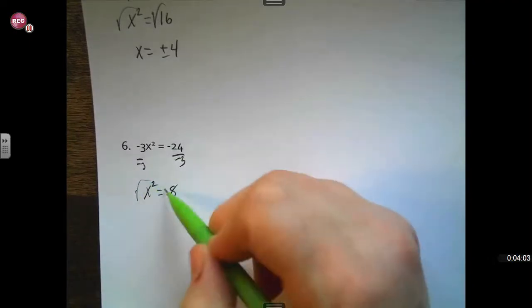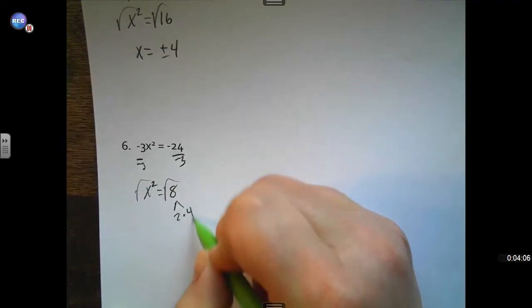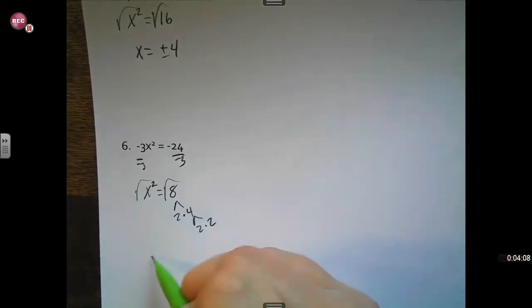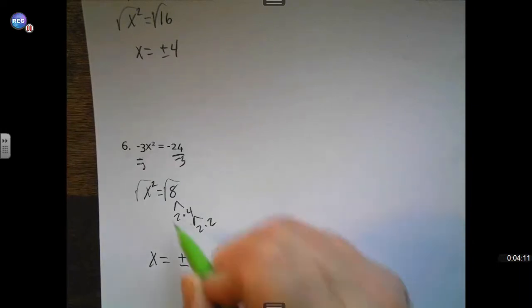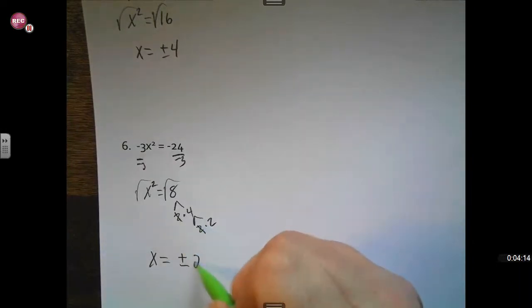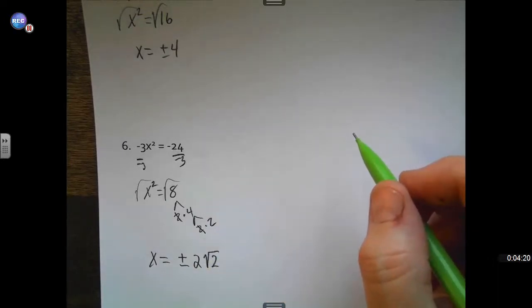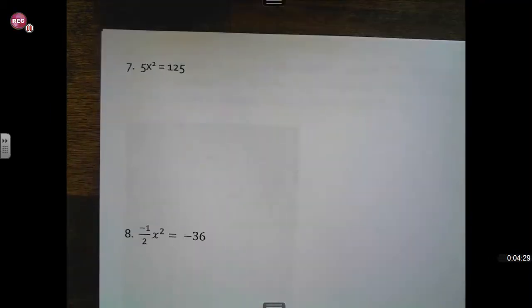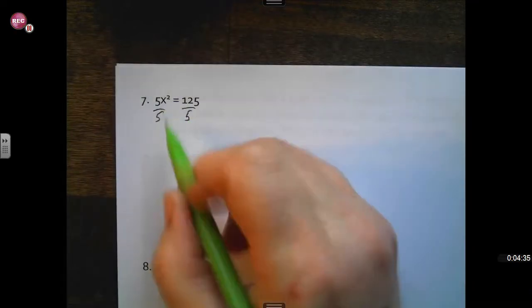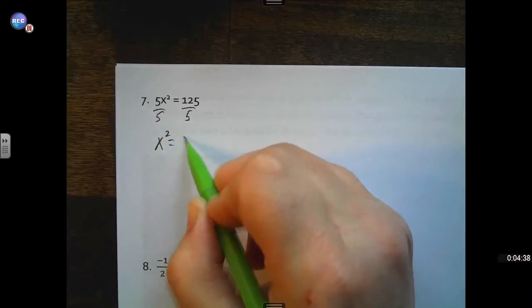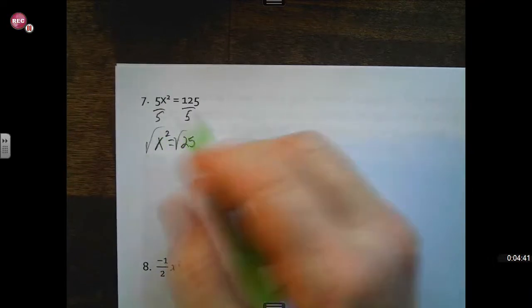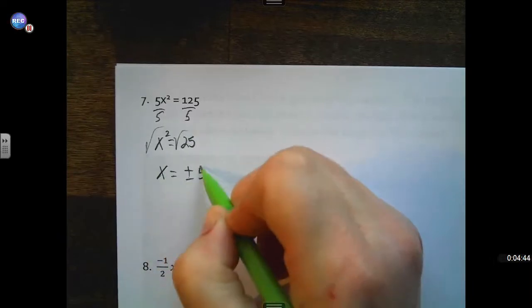Take the square root of both sides. 8 is 2 times 2 times 2. x is plus or minus, 1 two comes out, 1 disappears, and there's 1 left, so plus or minus 2 square root 2. Here we would divide both sides by 5 first. x squared equals 25, and then we take the square root of both sides. x is plus or minus 5.